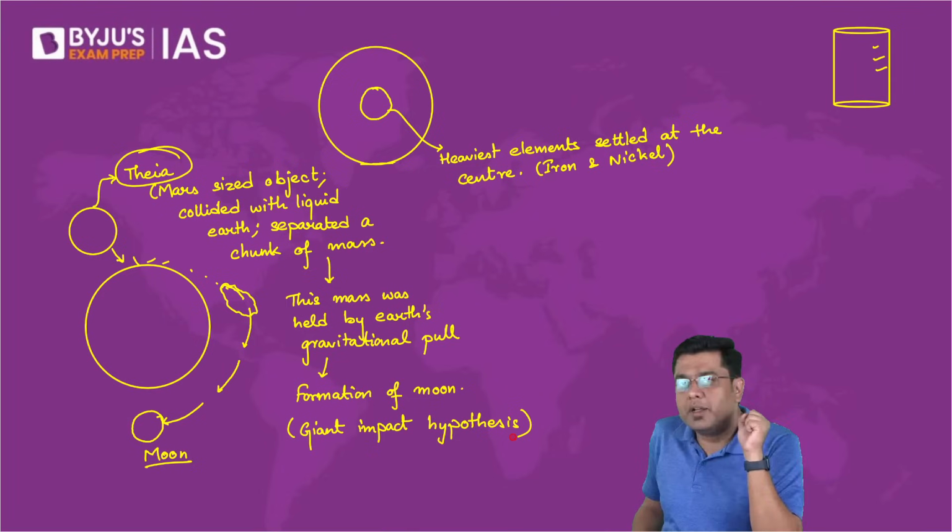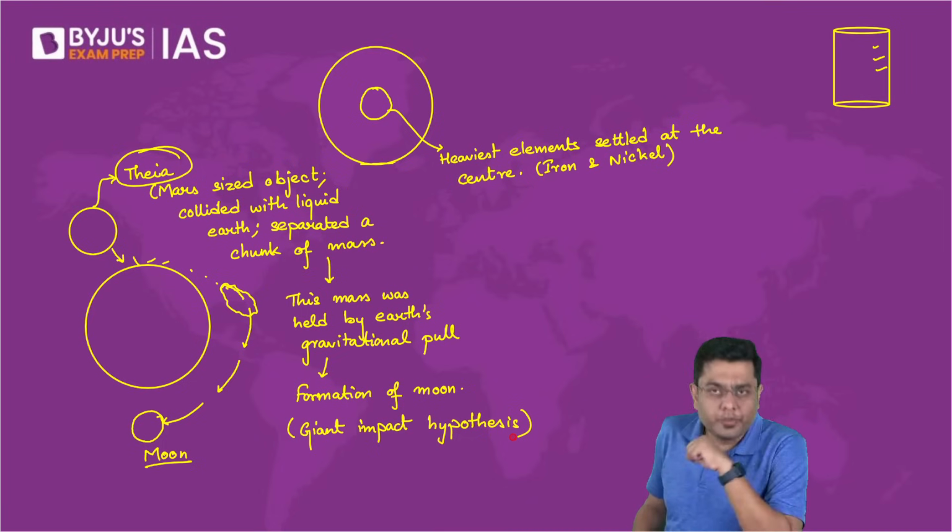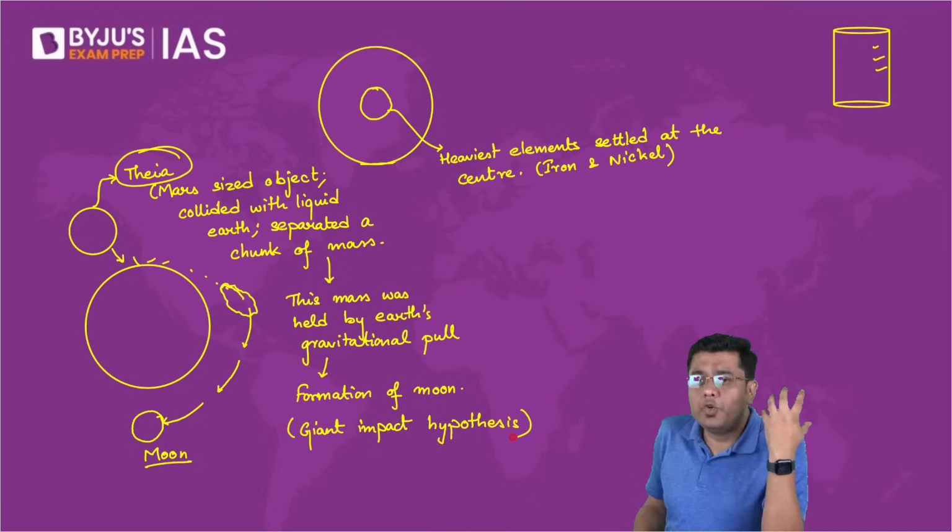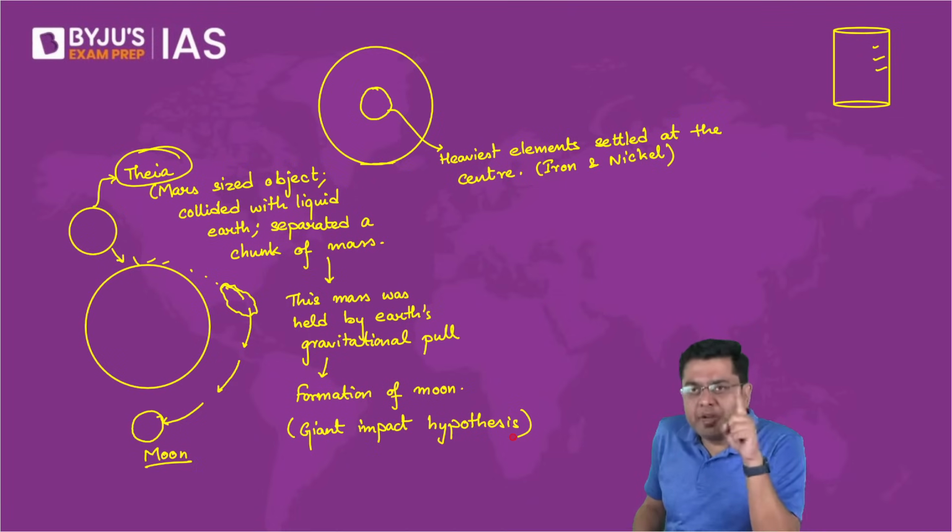So more particles would be attracted, more collisions would take place, size continued to increase, and with every collision, heat would be produced. That heat eventually led to the molten form of planet Earth, whereby the heaviest elements, nickel and iron, would settle at the center.